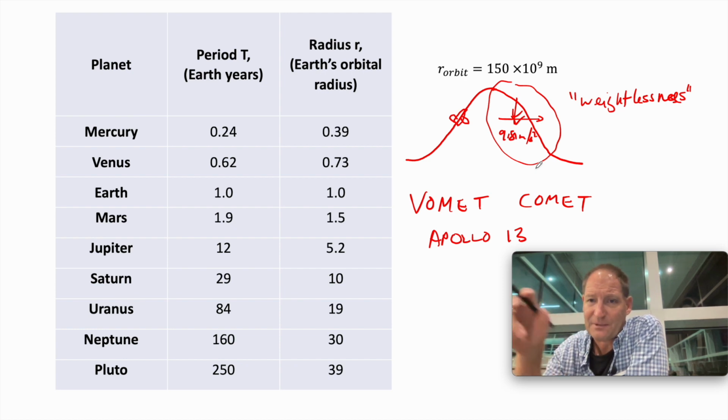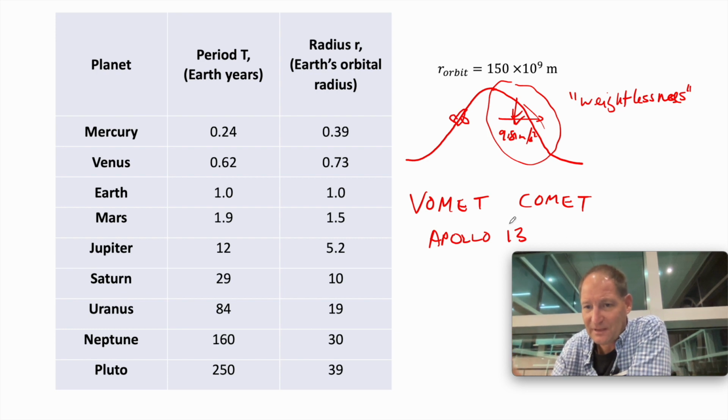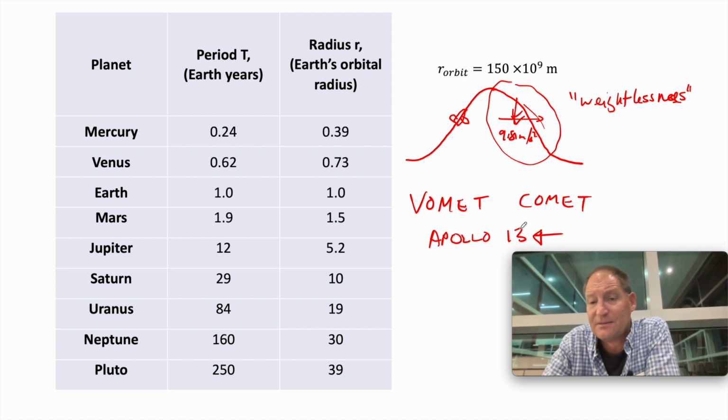But this only lasts about 30 seconds. So the action could only last 30 seconds at a time, and then cut it and splice it together. Highly recommend seeing this movie, by the way, if you're interested in space travel. This was about a very famous accident that happened in the 1970s.